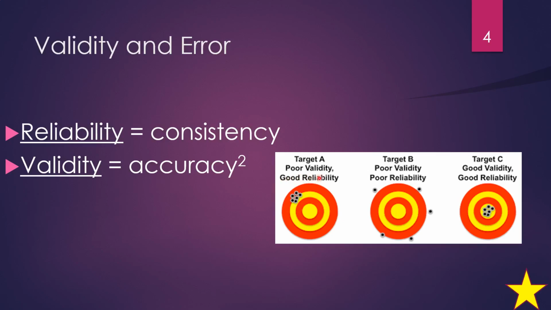So data that looks like this is going to be reliable but not valid. What does that mean? Well, we're definitely not hitting the bullseye, so we're not valid. We're not actually getting the information we're looking for. However, the information we're looking for is very consistent. And because it's consistent, it's reliable, but not valid.